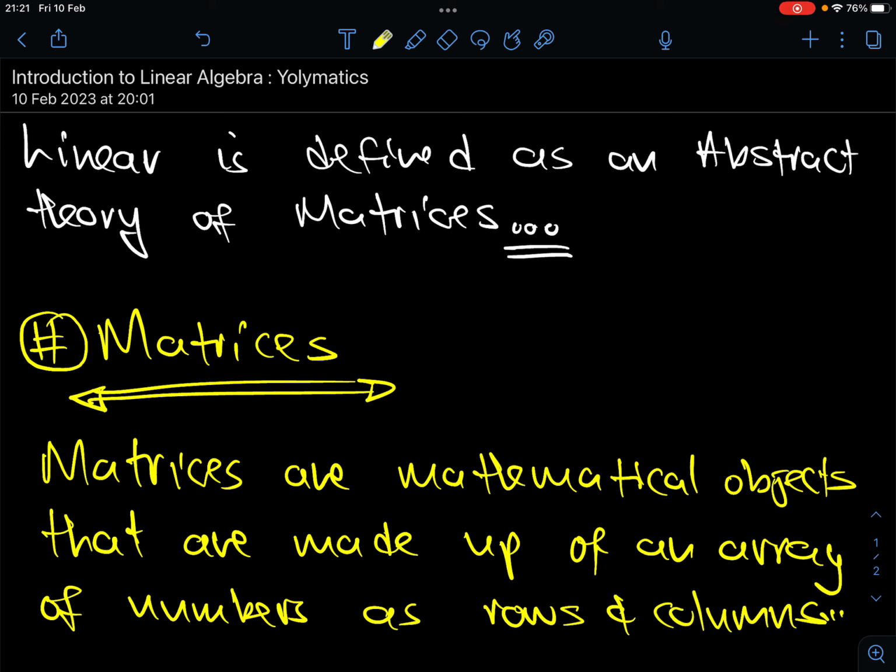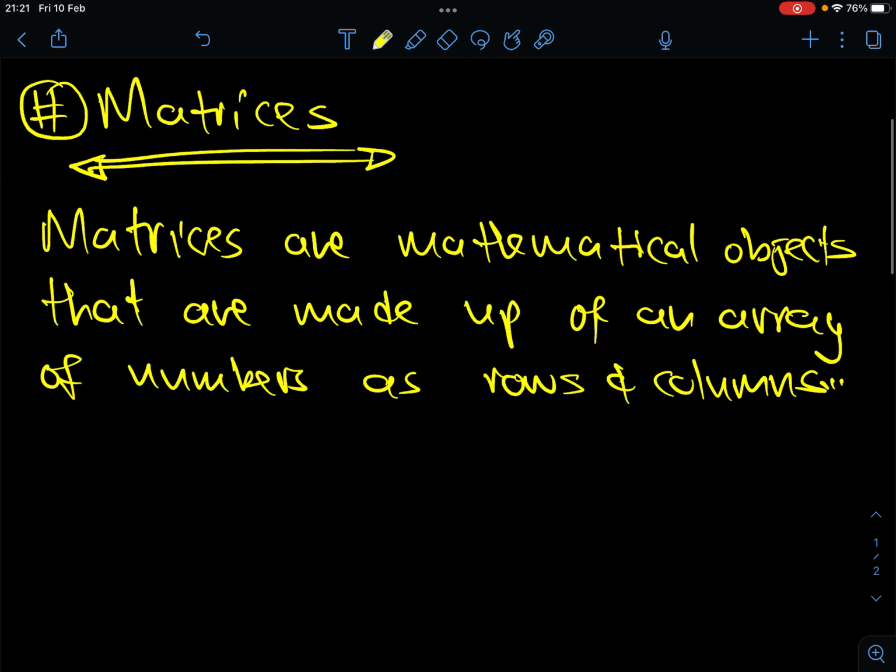Everyone, I think, at this point has an idea of what a matrix really is. So informally, this is how we define a matrix.